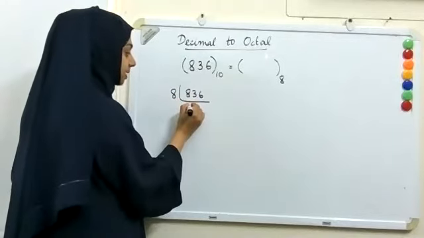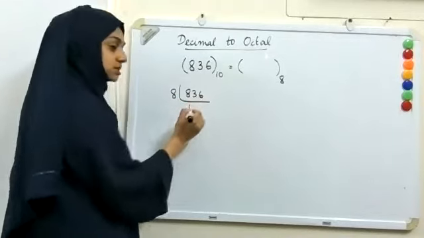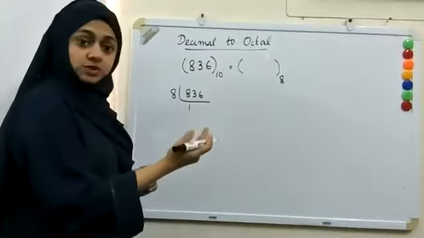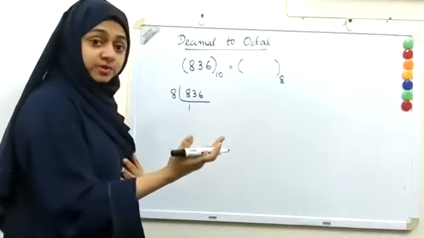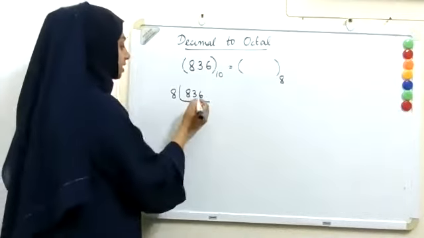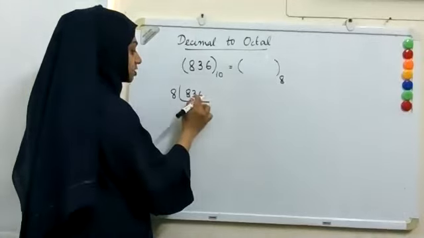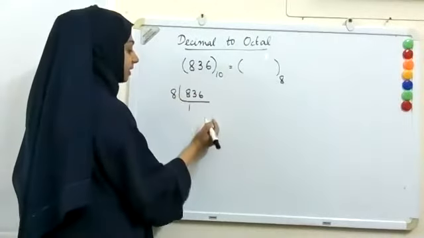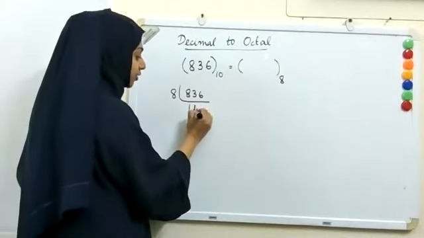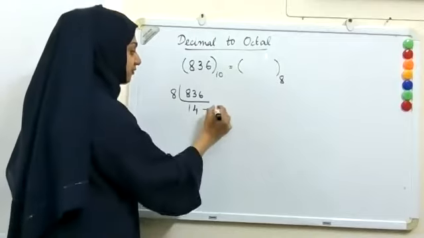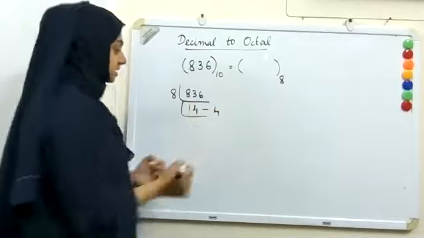So 8 divided by 8, 1, 36. So 36 will not go, it's not a perfect multiple of 8. So we can write it as 32, which is a perfect multiple of 8, so 4, and what is the balance? The remainder is 4.